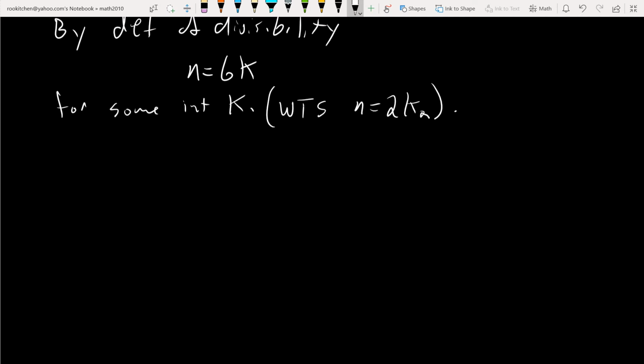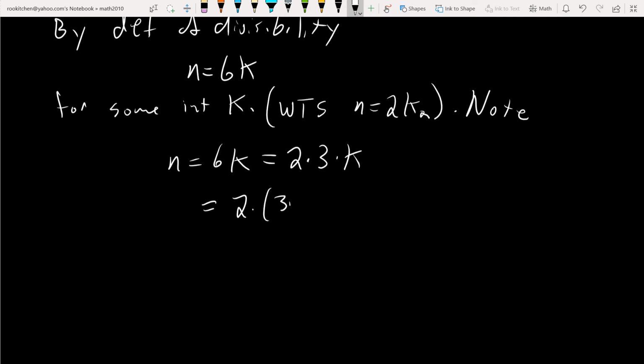For some integer k, we notice that n equals 6 times k, which you can factor. So 6 is really 2 times 3 times k, and then you could associate, so 2 times 3 times k, where 3 times k is a product of integers and therefore an integer.